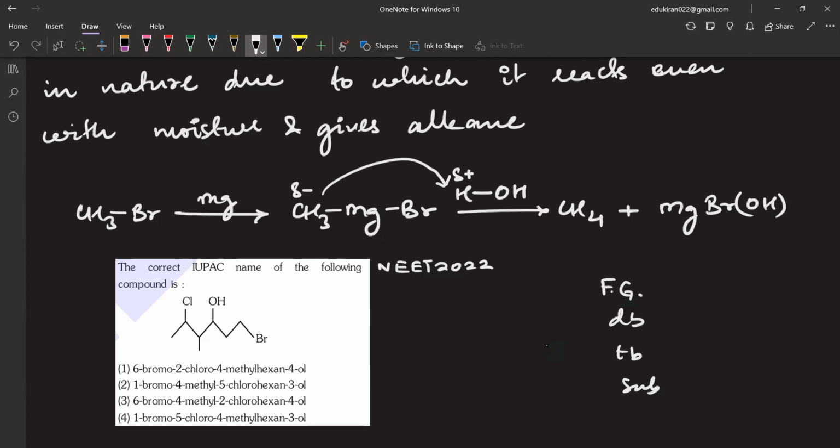Here I hope you can see what the functional group is. Numbering has not been done yet. Do the numbering quickly.